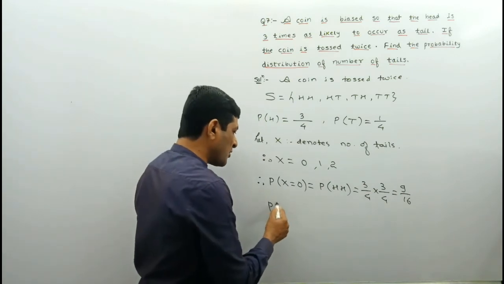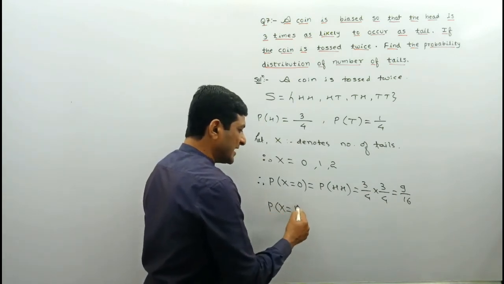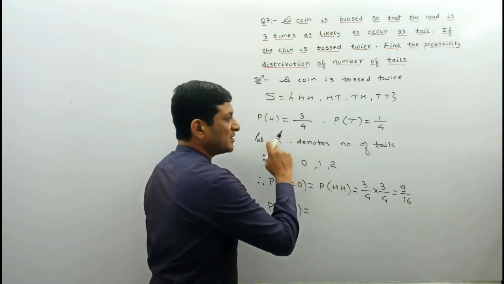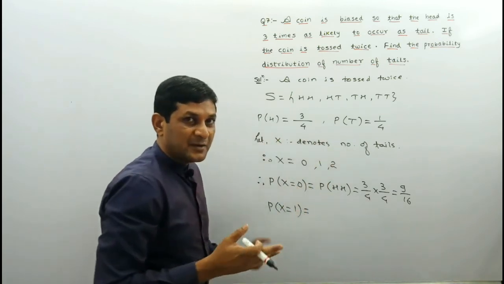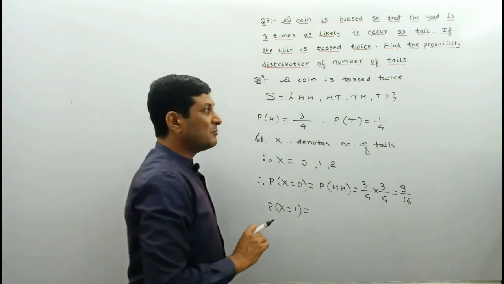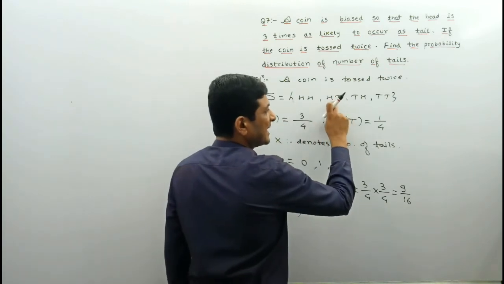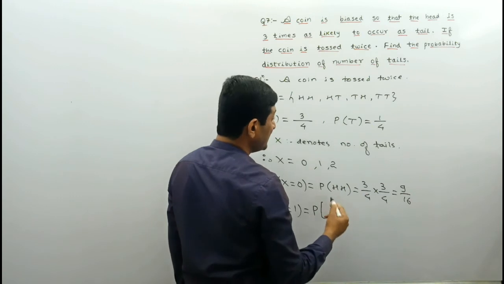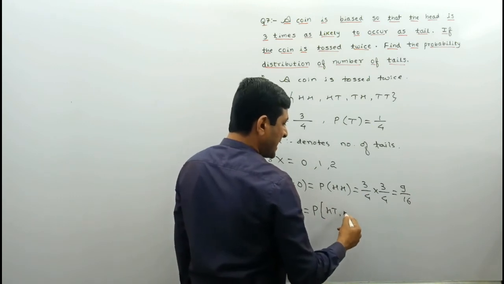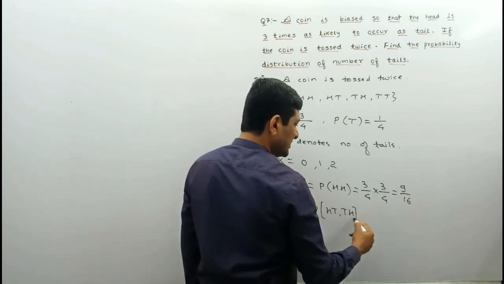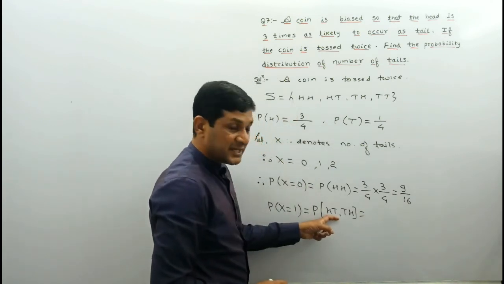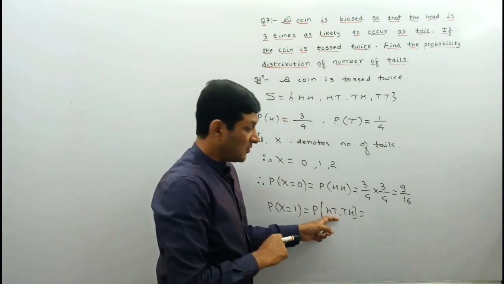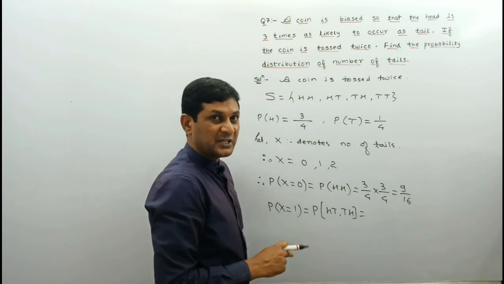Now we are finding the probability when x is equal to 1. X is equal to 1 means the number of tails is 1, so we have to find the probability of HT and TH. Either this possibility is there, or this possibility is also there.